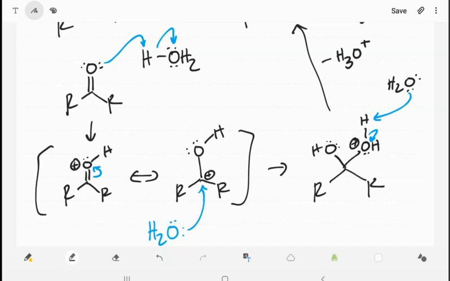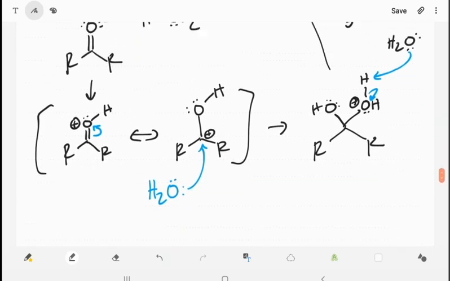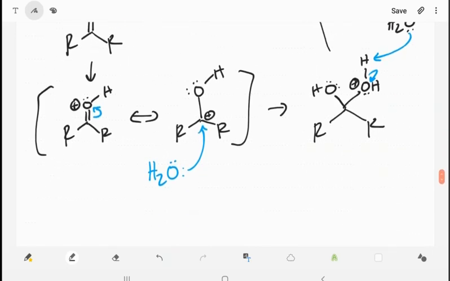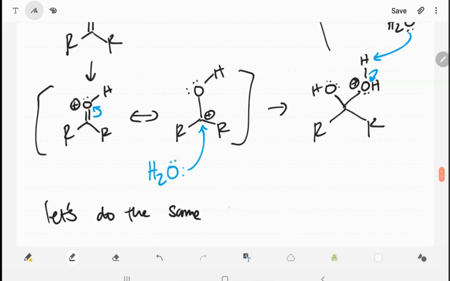Cool. All right, let's talk about another one. Let's do the same thing. Same reaction with an alcohol. So instead of using water, we're going to use an alcohol.